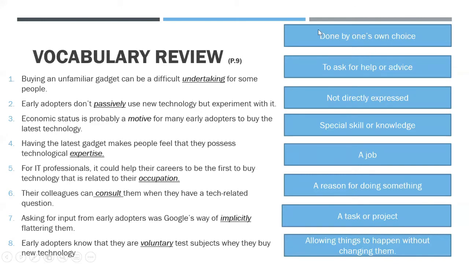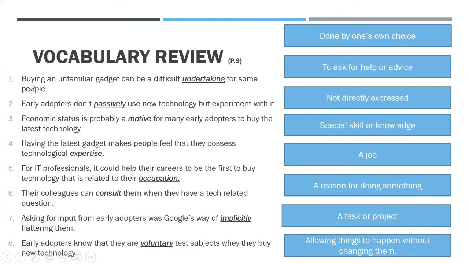Undertaking means, oh yeah, what are our answers? Okay, let me quickly read the answers. The answers are done by one's own choice, to ask for help or advice, not directly expressed, special skill or knowledge, a job, a reason for doing something, a task or project, allowing things to happen without changing them.